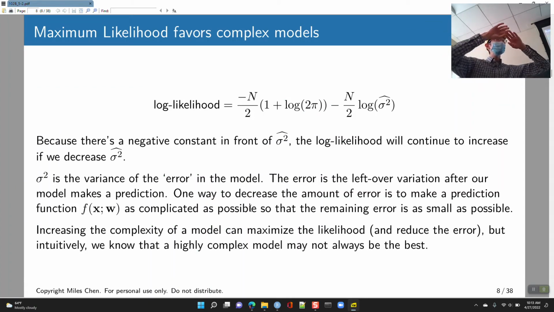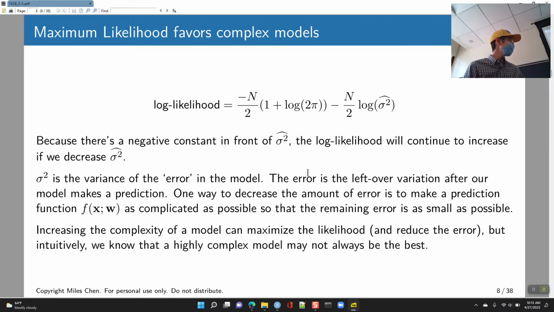So we can just keep adjusting, keep adding terms, so that our predicted values get closer and closer to the actual values, and we have just a tiny bit of leftover error, all right? And this will effectively maximize the likelihood or maximize the log likelihood of our data, right?